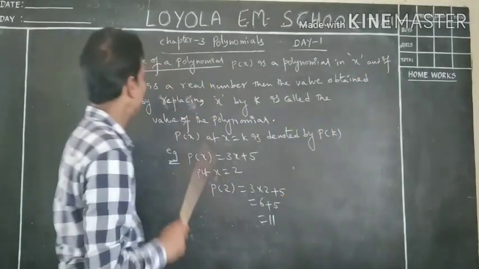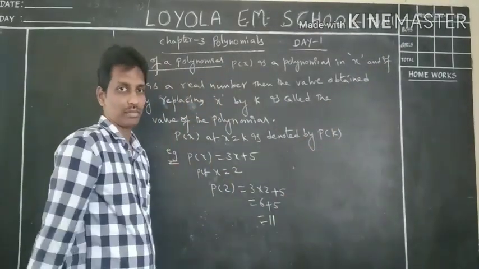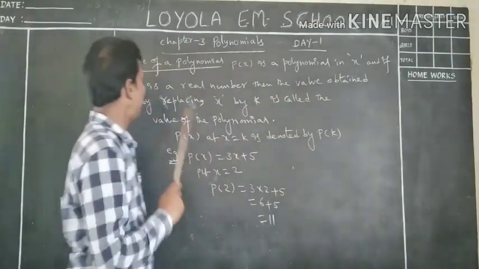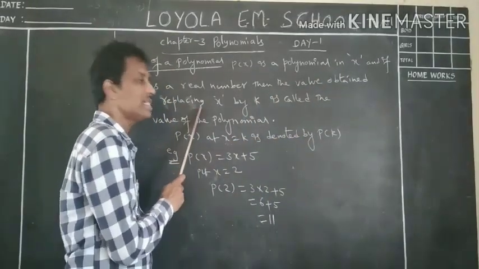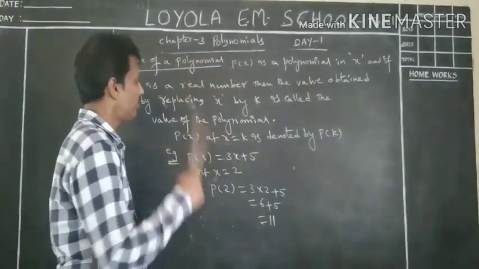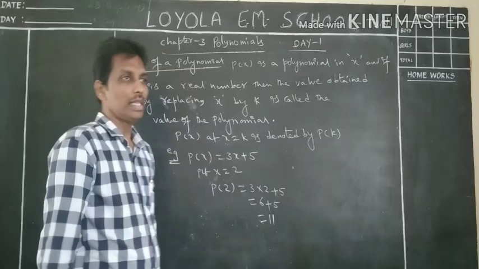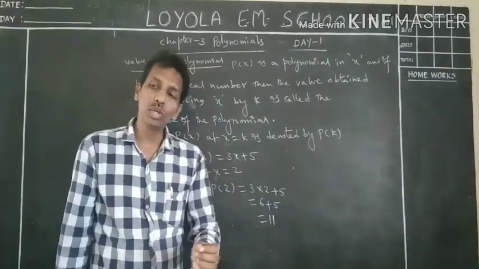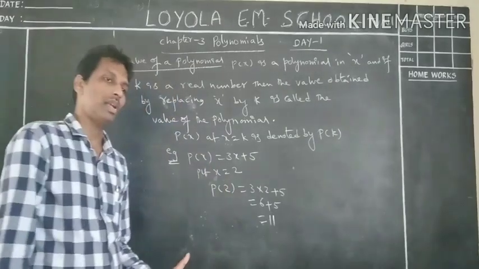And if k is a real number, then the value obtained by replacing x by k is called the value of the polynomial. That means we substitute x equal to k in the given polynomial.